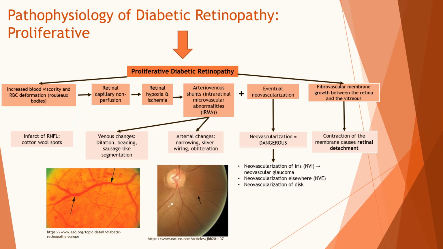This results in formation of shunts and other intraretinal microvascular abnormalities like dilation, beading, segmentation, and in arterial cases, silver wiring and obliteration, as well as eventual neovascularization. This is dangerous because the newly formed vasculature is not as sustainable or resilient as the normal vasculature.